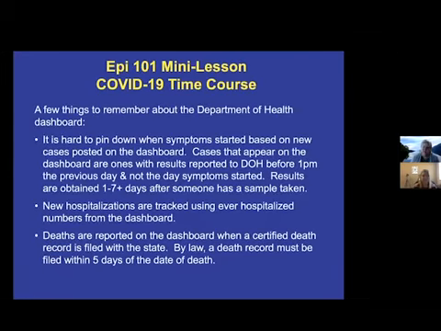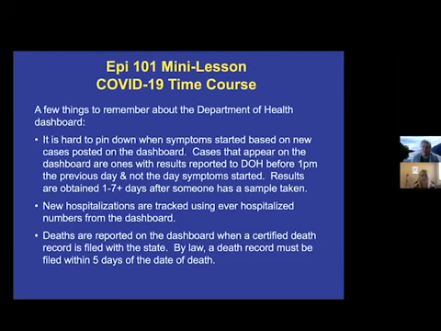But there's a few important things to remember about where these data are coming from. The data in the daily report and this weekly summary are the state data from the Department of Health dashboard. And it's really hard to pin down when symptoms actually started based on the new cases posted on the dashboard.